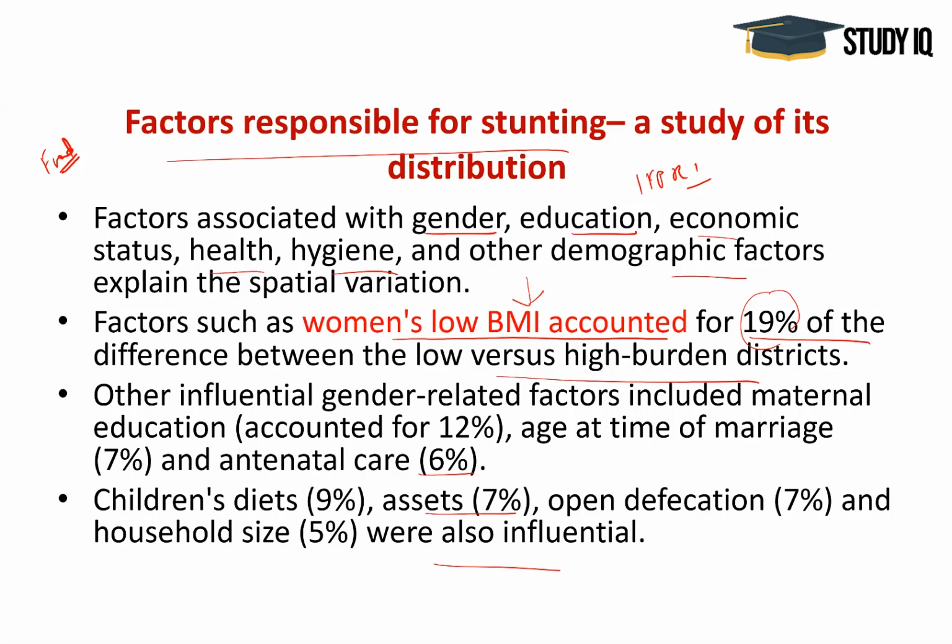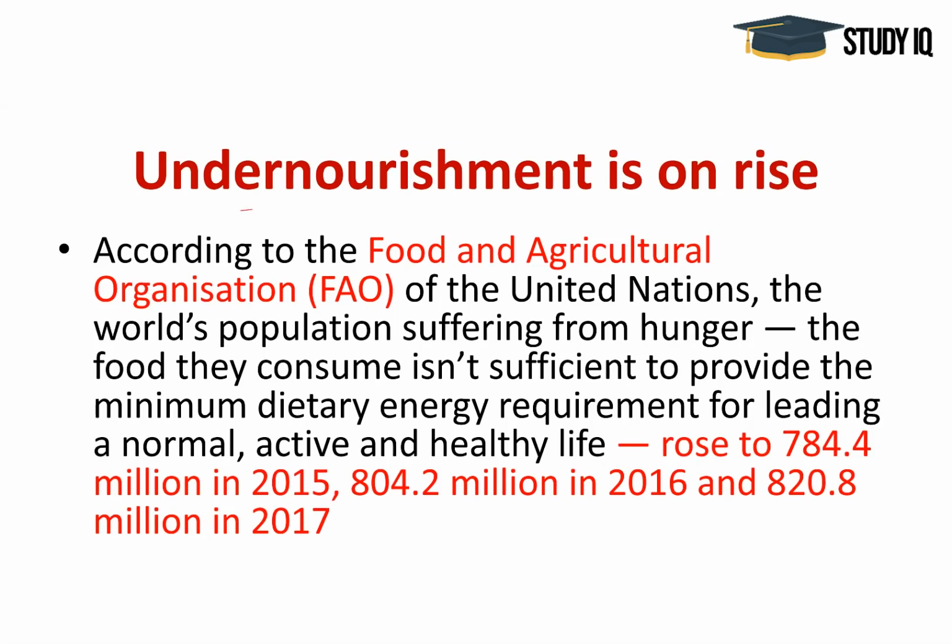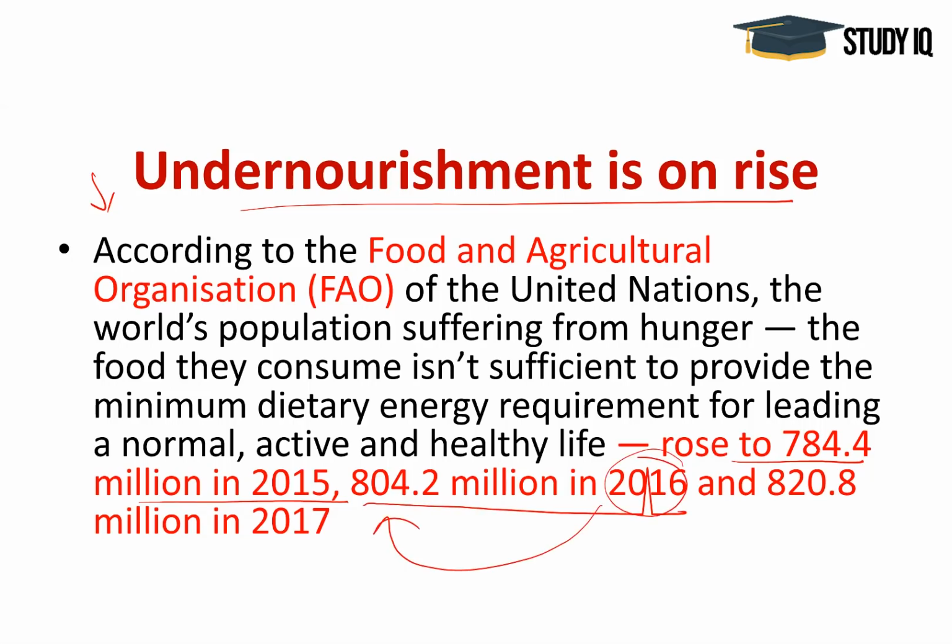That is what this report is saying. Now, undernourishment in India is on the rise. That is what we get from this report. It rose to 784.4 million in 2015, then in 2016 it rose to 804 million, and finally in 2017 it is 820.8 million. So it is on the rise.